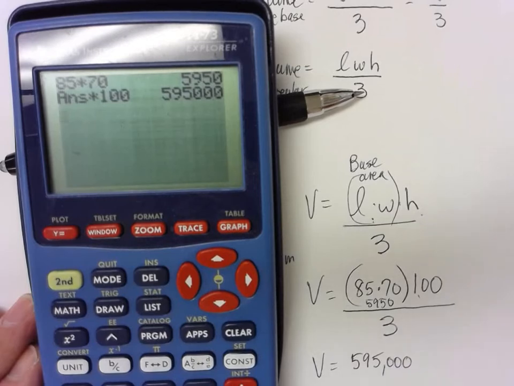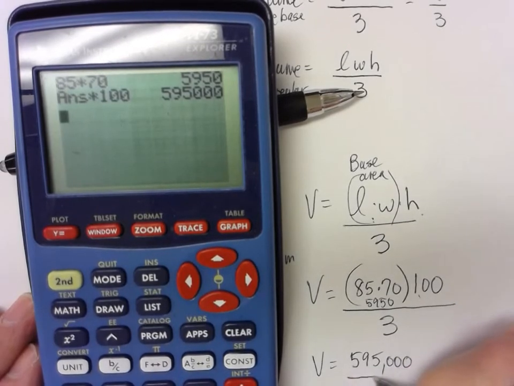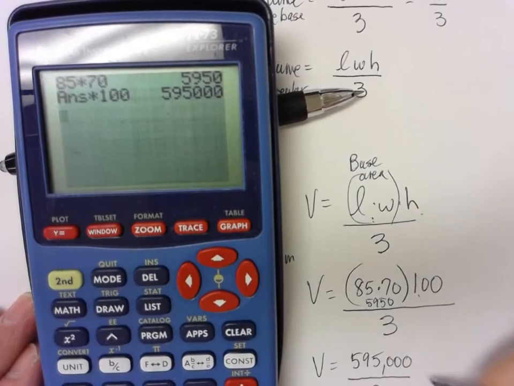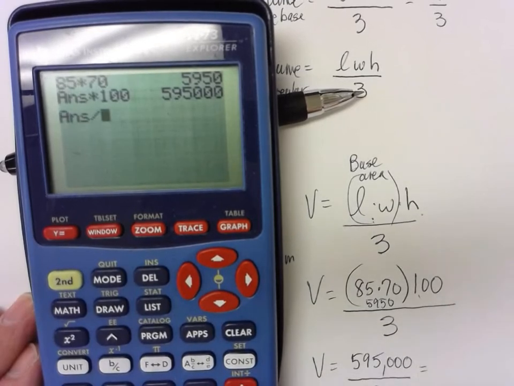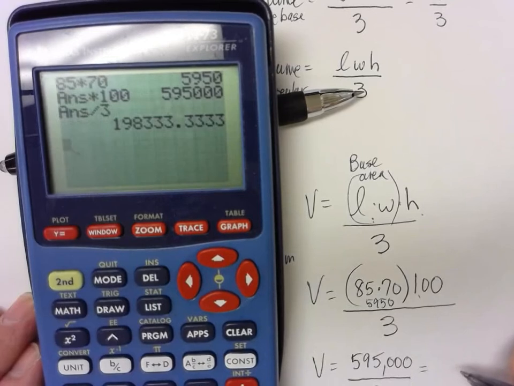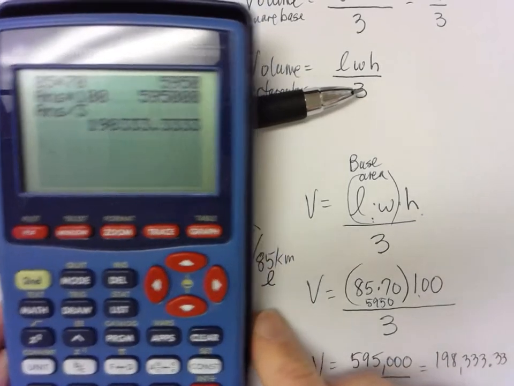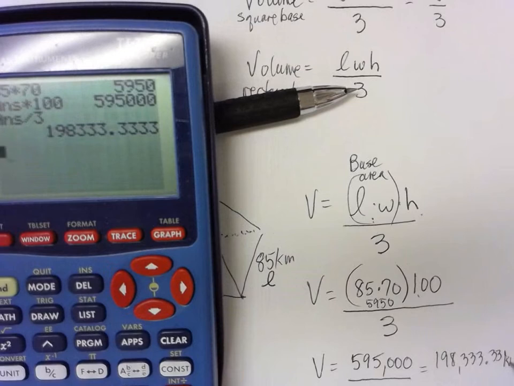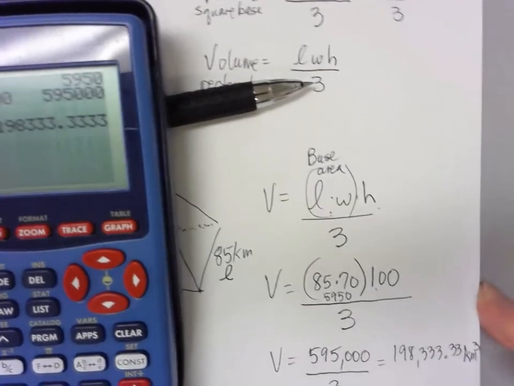If it was a rectangular prism, you'd leave it just like that. However, this is a pyramid, so we got to divide that by 3. And when you divide that by 3, it chops it down to 198,333.33, and it's still going to be, in this case, kilometers to the 3rd power, or cubic kilometers.